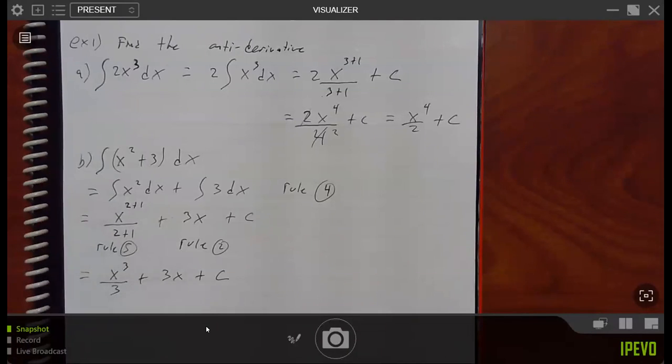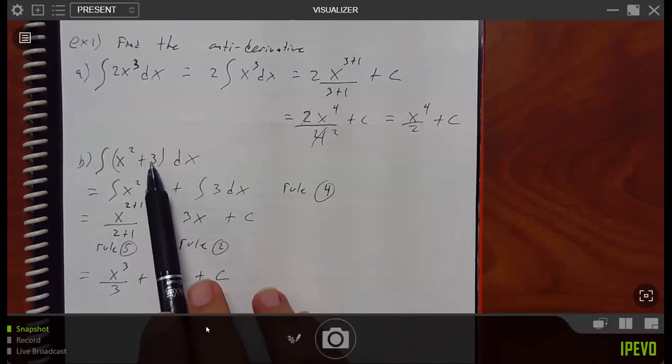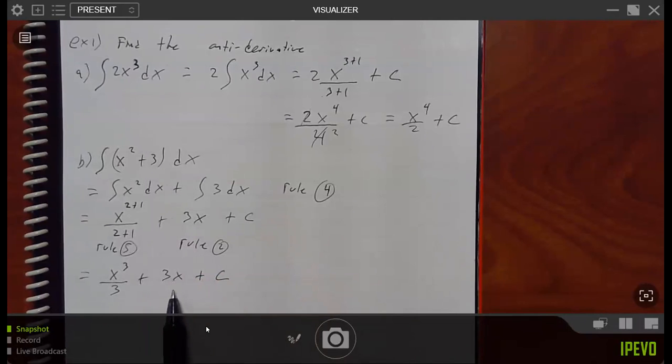Do these steps make sense? What is the derivative of 3x? It's just 3, right? Which is what we started with. You see how it works, right?